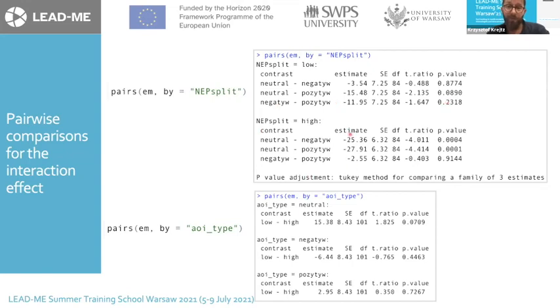But look what happens here for people highly sensitive to climate change. The difference between negative and neutral is significant, the same as positive and neutral, but between positive and negative it is not significant. So wow, we got it.